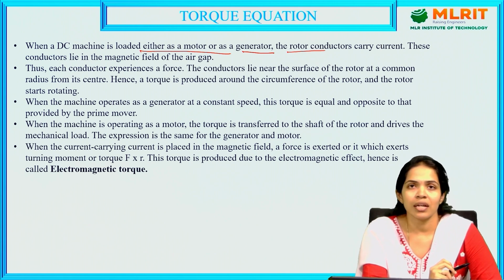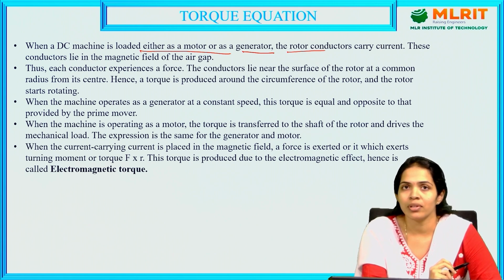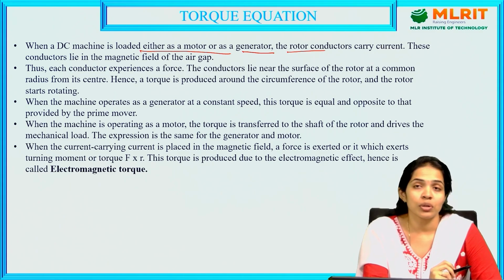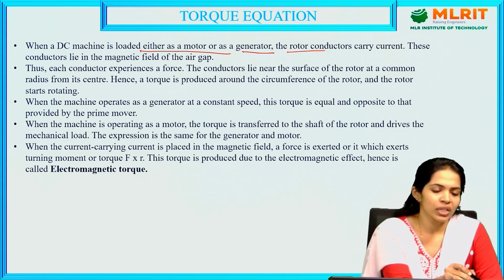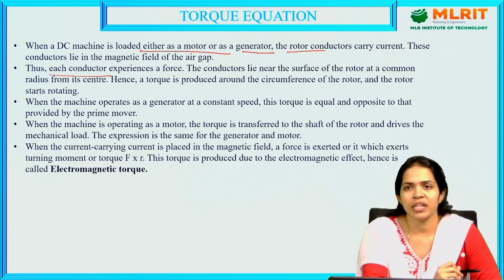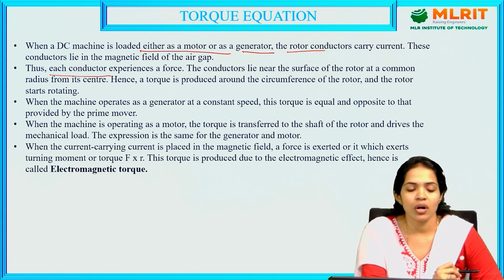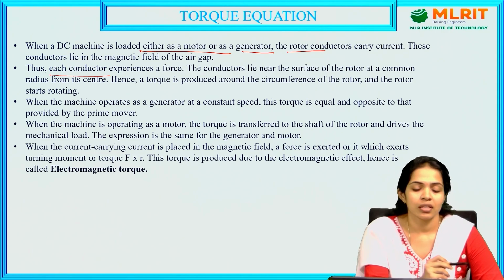We know that a proper air gap is maintained between the stator and the rotor for the natural cooling process. So these conductors experience a force according to Lorentz law. This force will exert a torque which makes the conductors move.